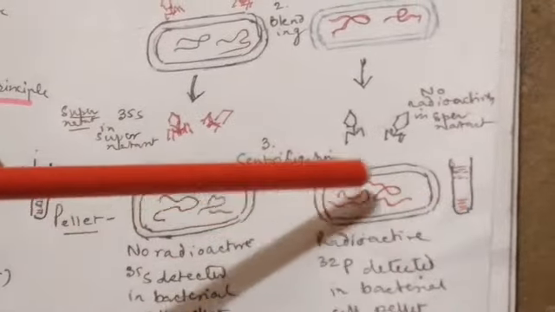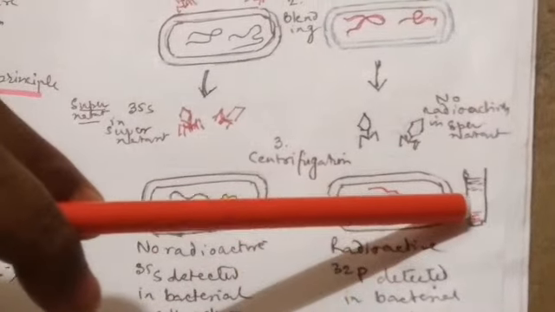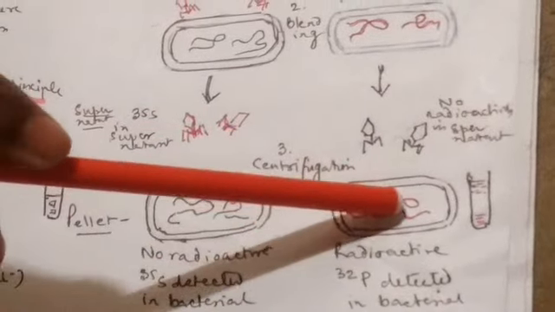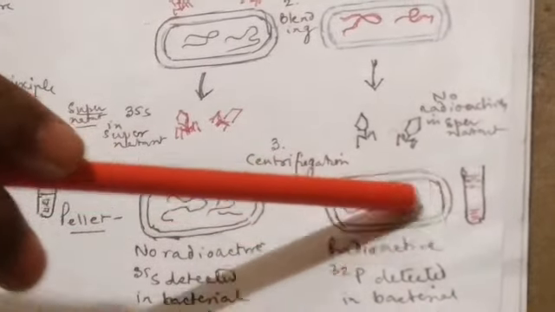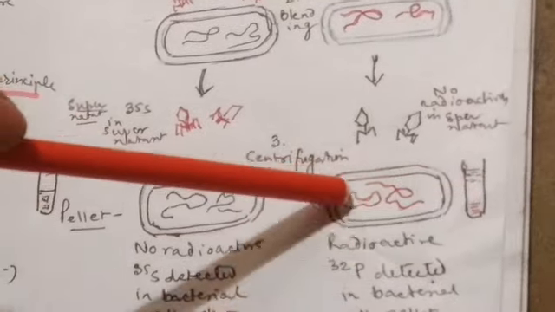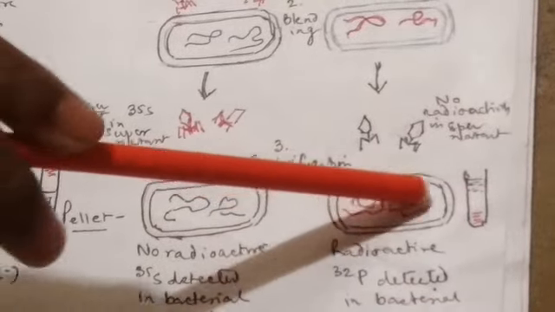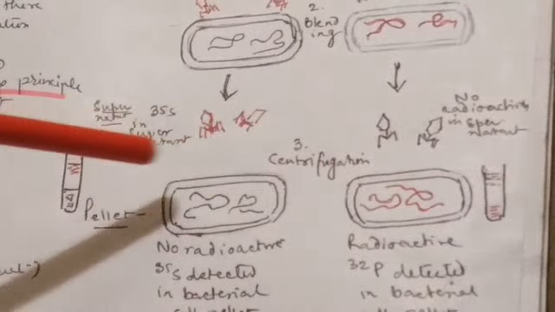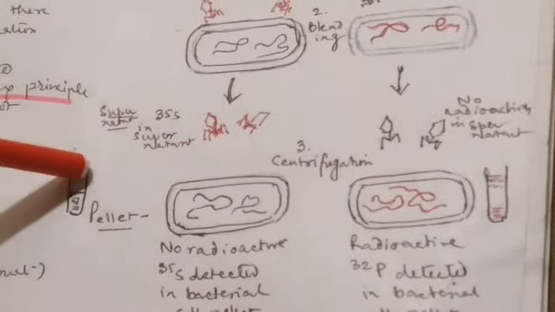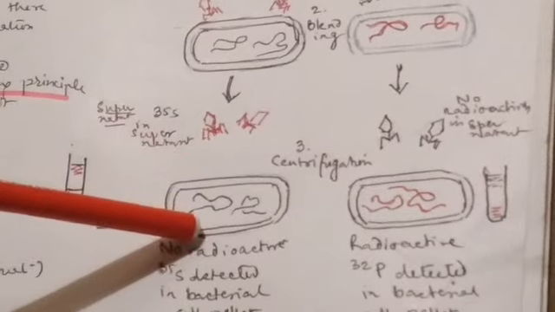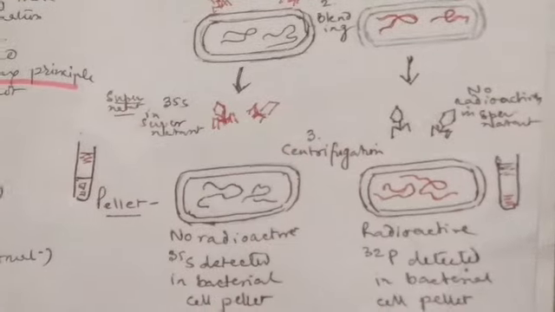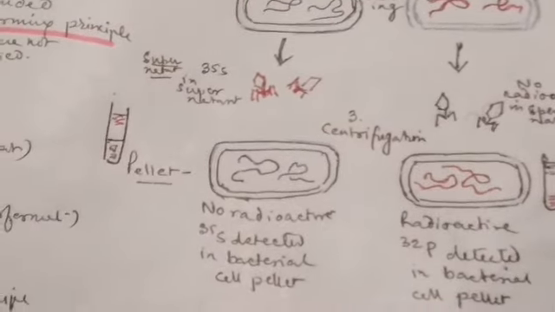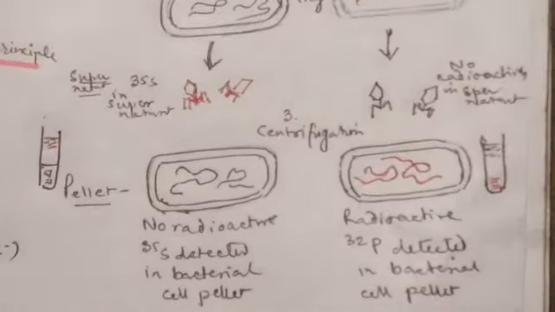And since the pellet has the radioactive part, which is the radioactive phosphorus, the DNA, that means the radioactive DNA has entered the bacteria, while the radioactive sulfur, the protein, has not. So this confirms that the genetic material is DNA. Ultimately they concluded that the genetic material is nothing but DNA.